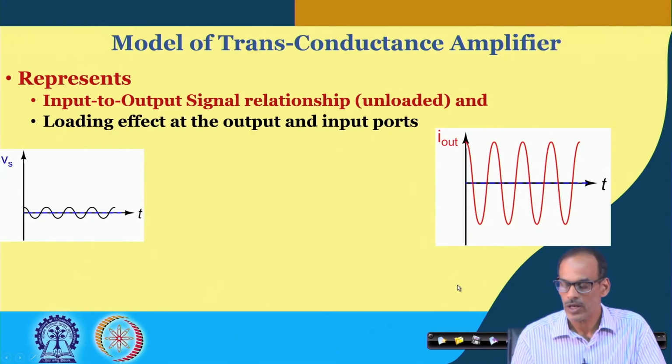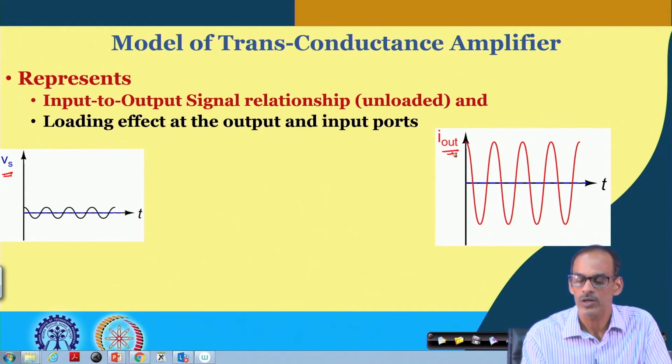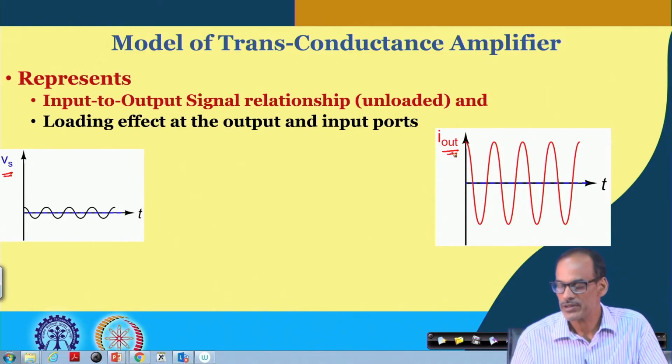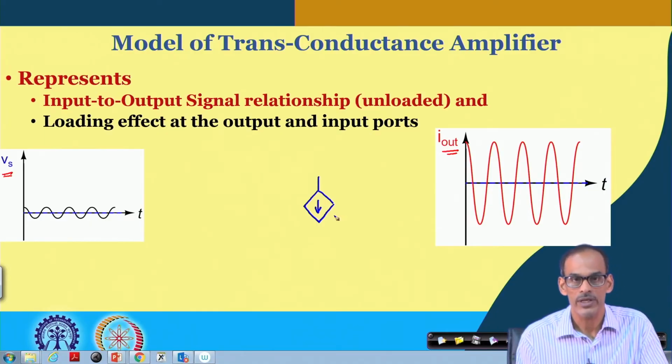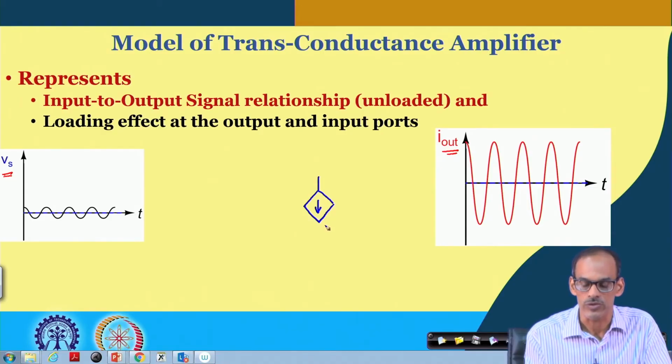Suppose we have this situation: at the input we have the signal in the form of voltage, and at the output the signal in the form of current. As the output signal is current, we expect the model to be a Norton equivalent, isn't it? So we will have a current source, but not a current-dependent current source, because the input signal is voltage; rather, it will be a voltage-dependent current source.